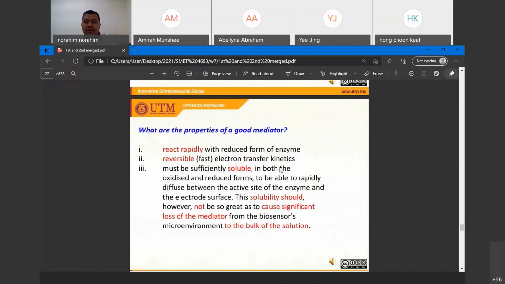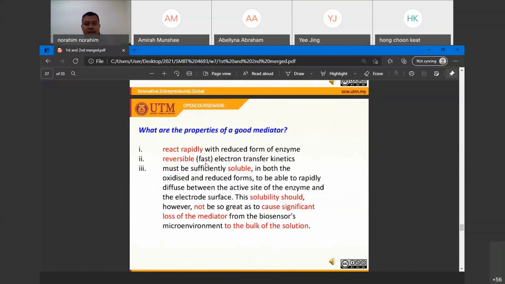So, what makes a good mediator? A good mediator will react rapidly with the reduced form of the enzyme. It is reversible. Reversible means fast electron transfer kinetics.